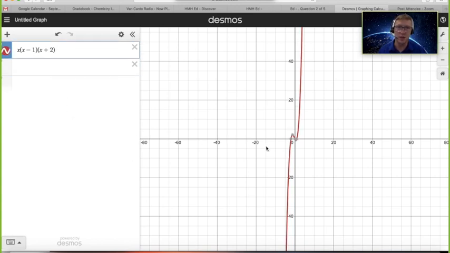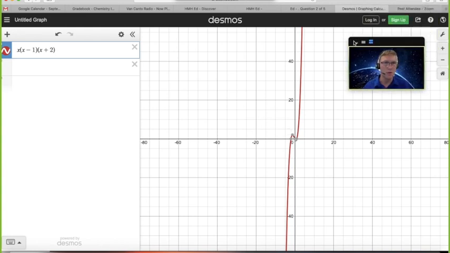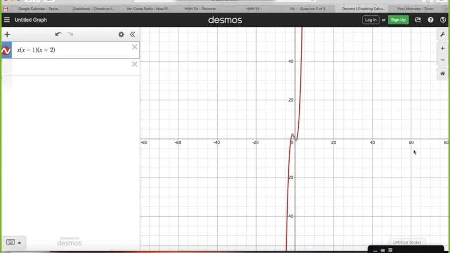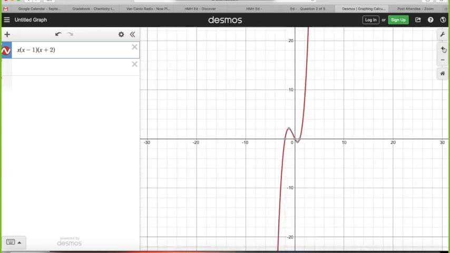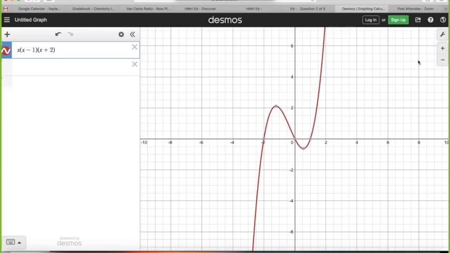So this is just a graphing website that I found. Oh, move me out of the way. So we're going to zoom in so we can kind of see what's going on here. So there's our graph. Notice we've got one right here that crosses, another right here that crosses, and then a third that crosses.